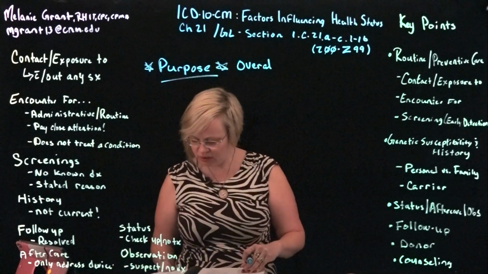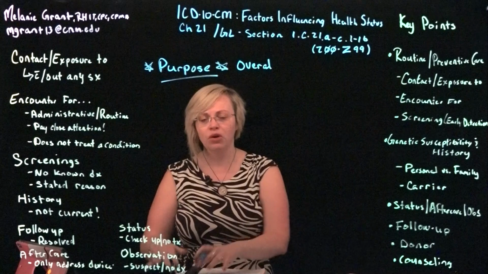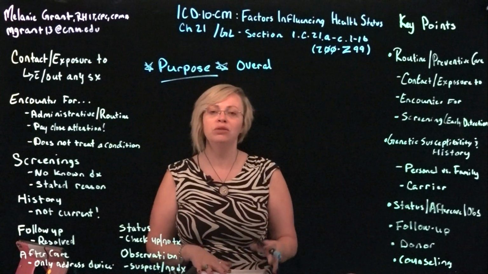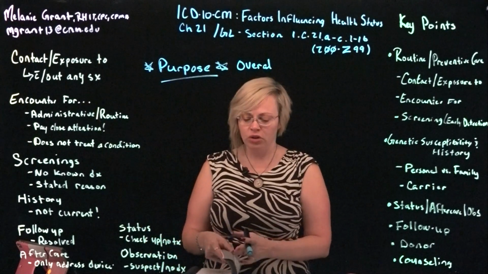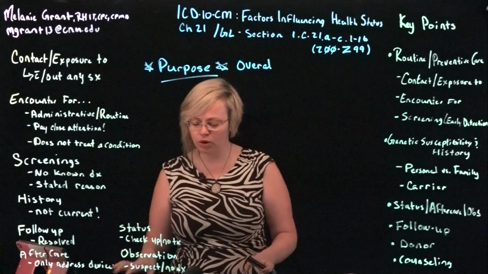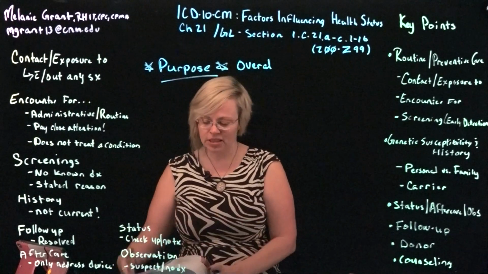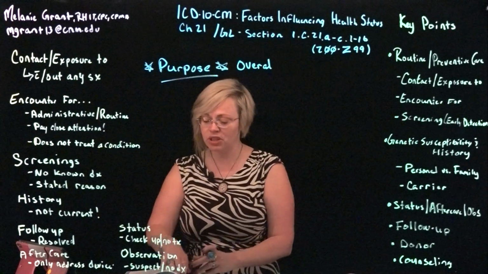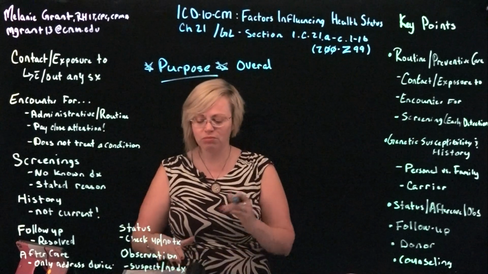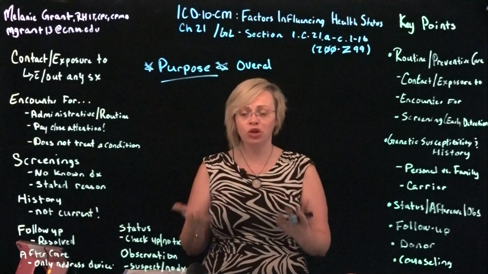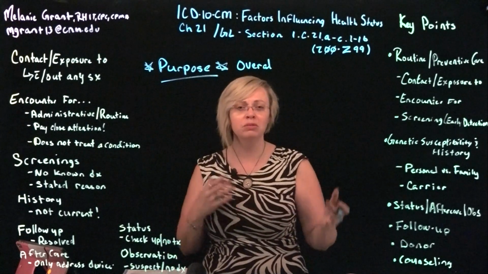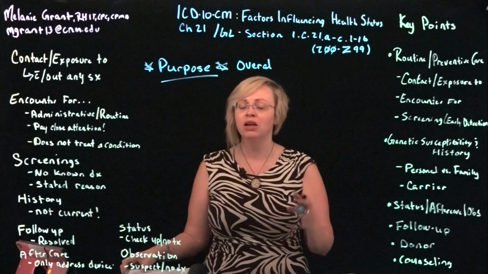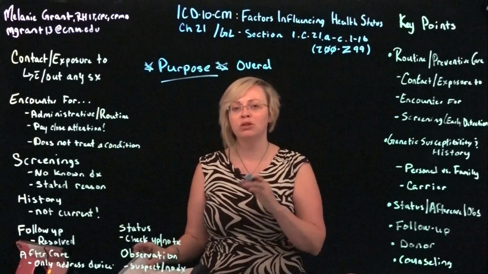Okay? And so you'll find all of these different kinds of things within the guidelines and when you look in your alphabetical. You can also go directly to the Z codes in your ICD-10 tabular section, although again, there's a lot of information in here. And so my goal for students is to show you the right way and also show you some of the other ways you can find coding, because everybody's going to find a way that works best for them.